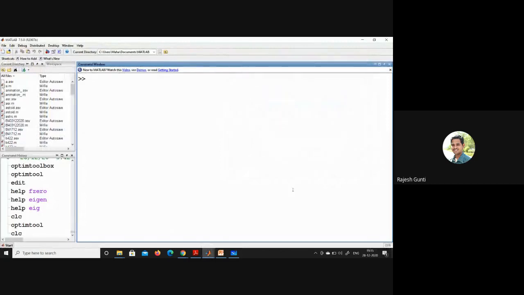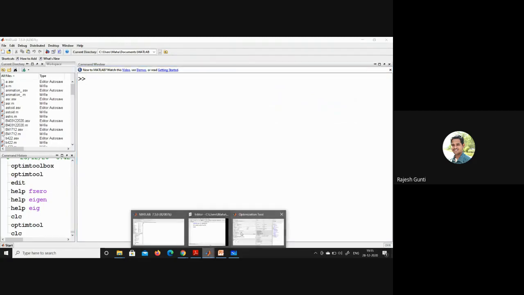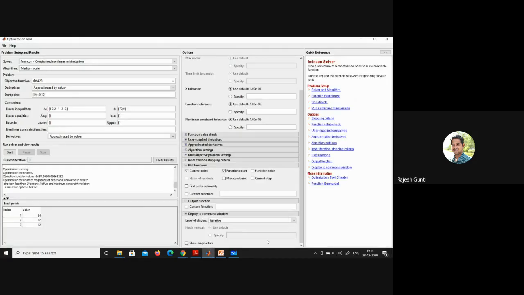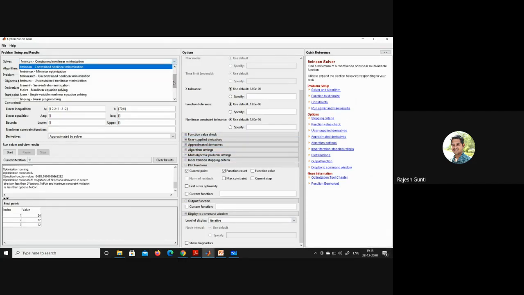Actually, one of the powerful toolboxes in MATLAB is the Optim toolbox. I'm using the 2007 version. In 2020, there are so many things that came in this Optim toolbox. They're very limited things. Quadratic programming, linear programming.